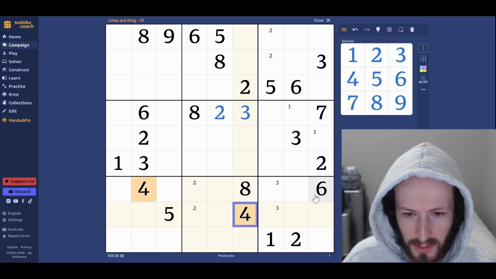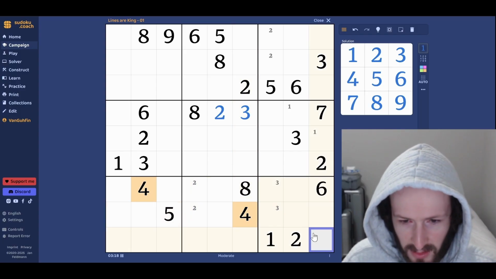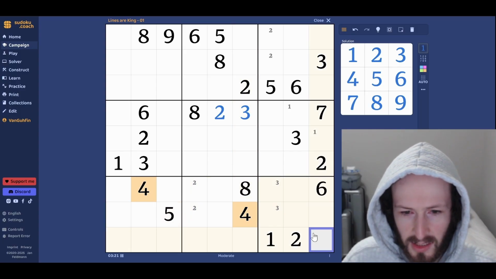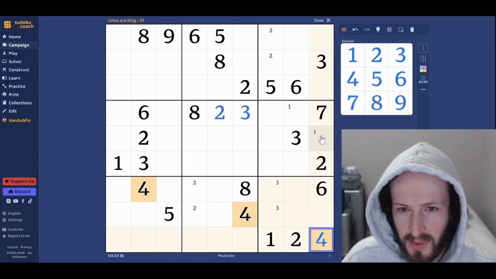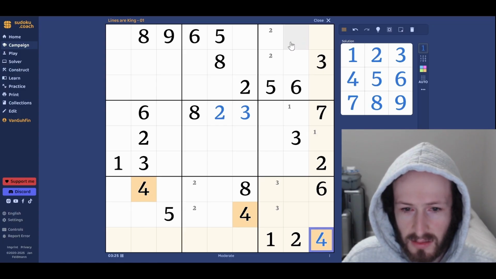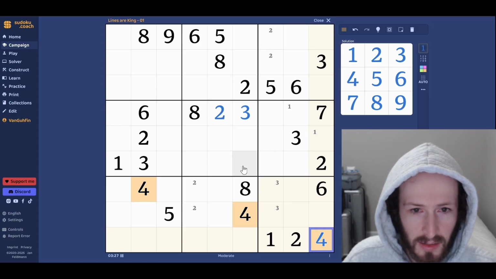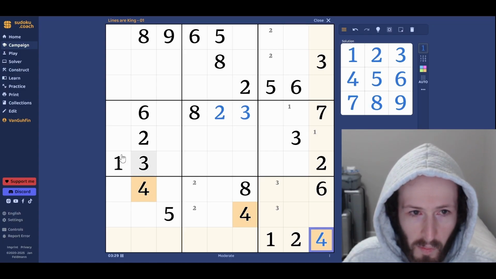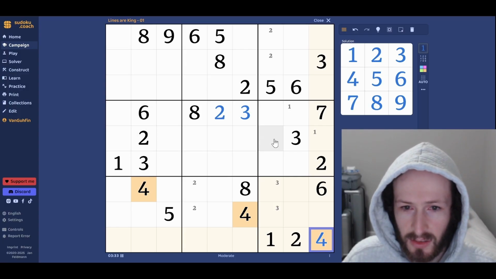I have 2 4s. They help me solve for the bottom right cell. And the bottom right cell helps me by not solving a whole lot else.